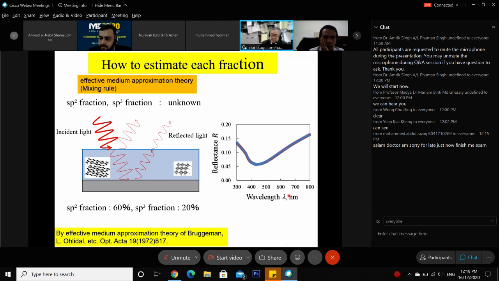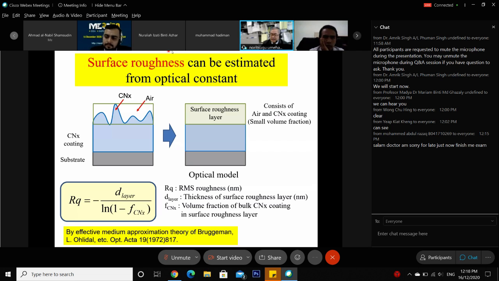Also, if we know the n and k values, the surface roughness can be estimated from the optical constants. The surface roughness layer is not a dense layer; maybe more than half is air, and the rest is solid. So based on the volume fraction of carbon nitride against air, we can get the surface roughness layer.